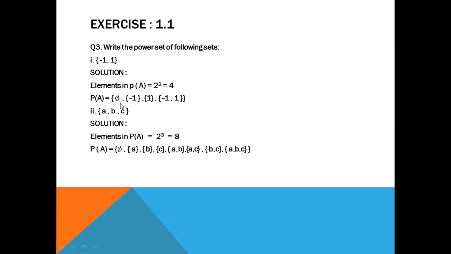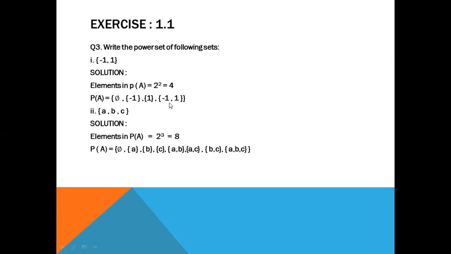First is null, then singleton -1, then singleton 1, and at the end -1 and 1. We check again whether there are 4 elements or not: 1, 2, 3, and 4. And you see that I enclosed all these subsets within curly brackets. Yes? Because we are finding the power set of A and we always use curly brackets for sets.